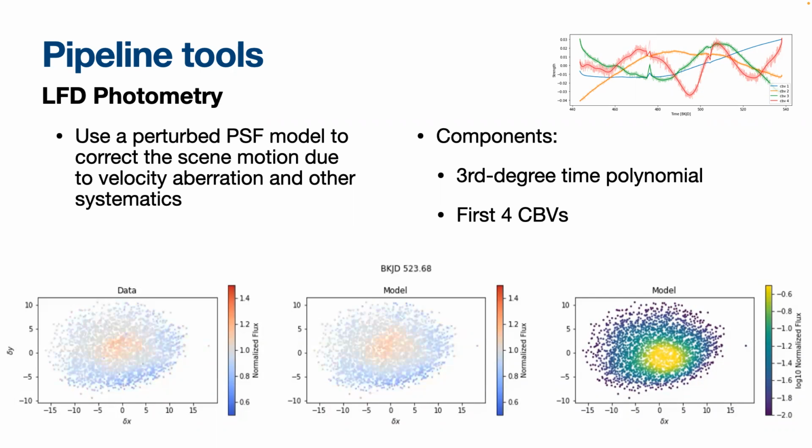And also we use the first 4 CBVs, the cotrending basis vectors from the Kepler pipeline, that account for the systematics of the instrument, like the focus adjustment, for example. In the top figure, I'm showing an example of those 4 CBVs. We actually use a smooth version of them to avoid introducing high frequency noise.